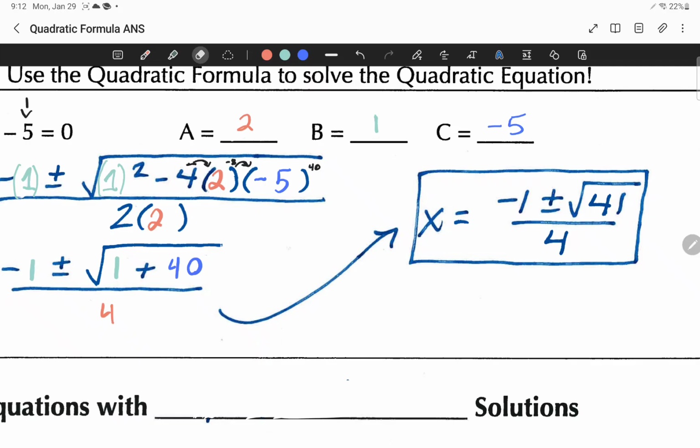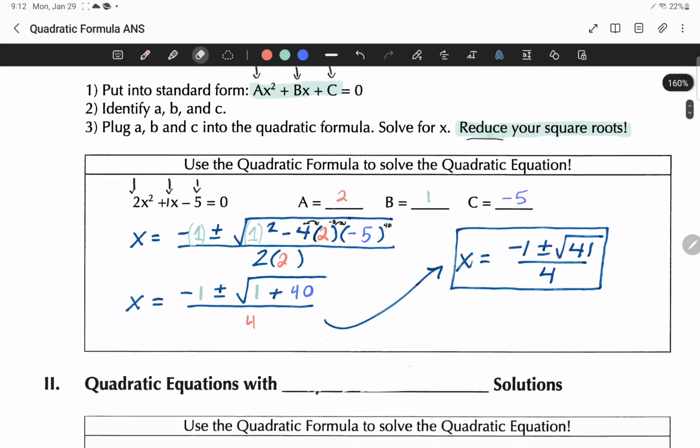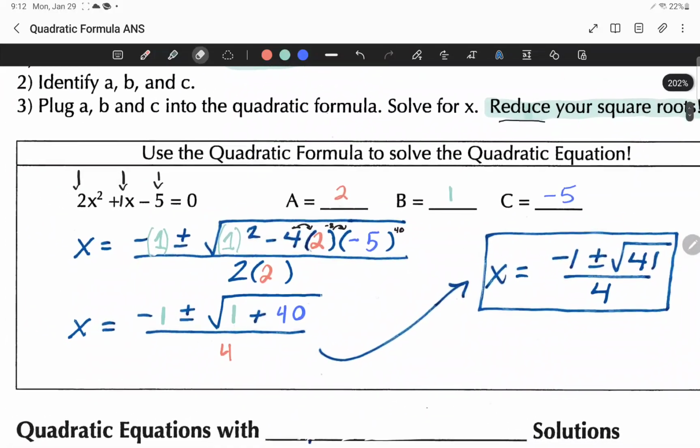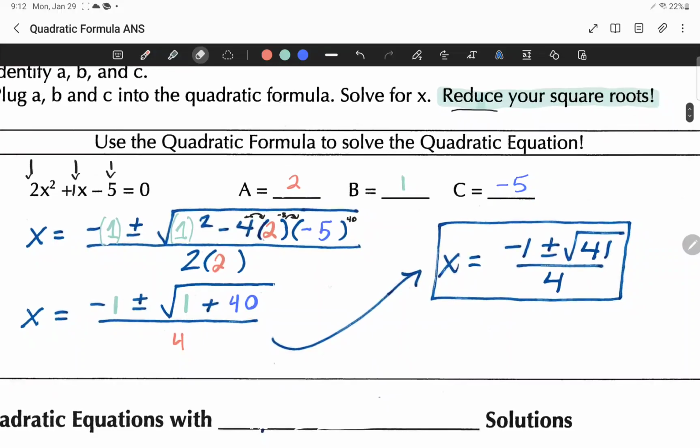And then on the bottom, we're going to have 4. Now, in this case, I cannot simplify my radical or my square root. Therefore, I'm going to leave it as this. But those are the same steps that we're going to be doing for all of them. And I wanted to do a color coordination that way you would know exactly where I'm putting things on here.